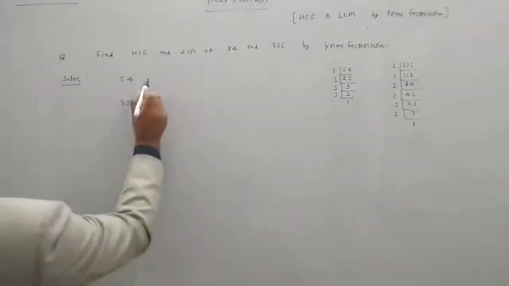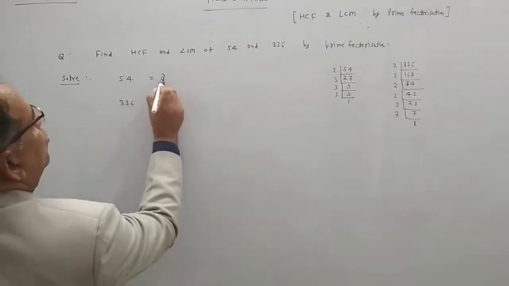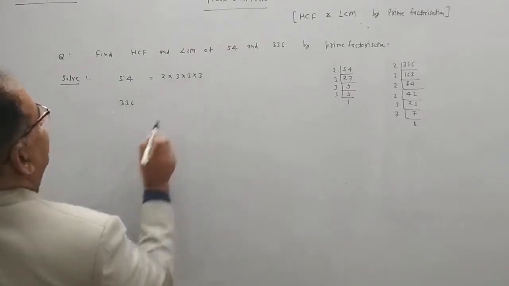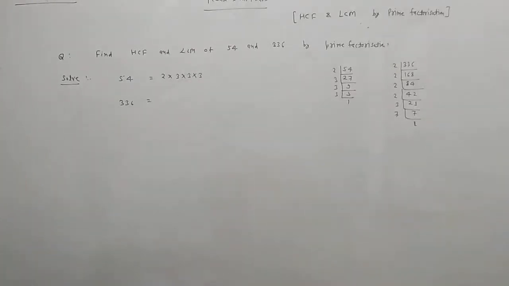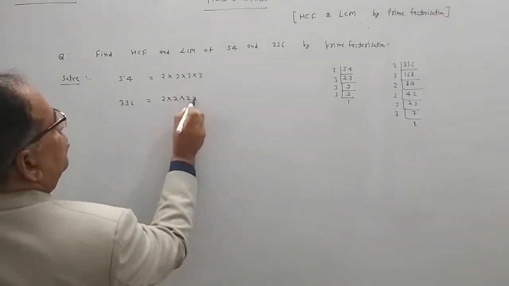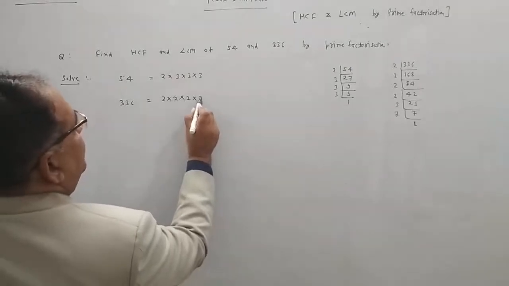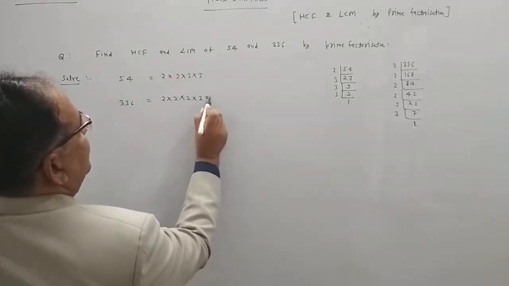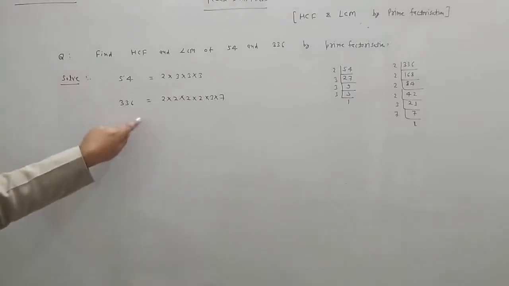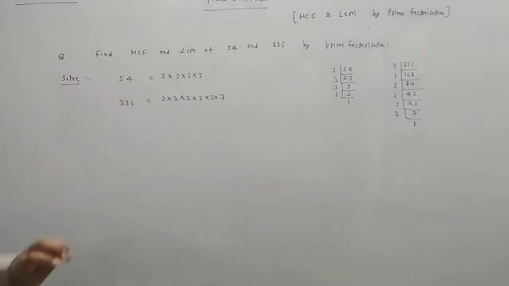So now 54 can be written as 2 into 3 into 3 into 3, and 336 can be expressed as 2 into 2 into 2 into 2 into 3 into 7. So these are the prime factorizations of 54 and 336.